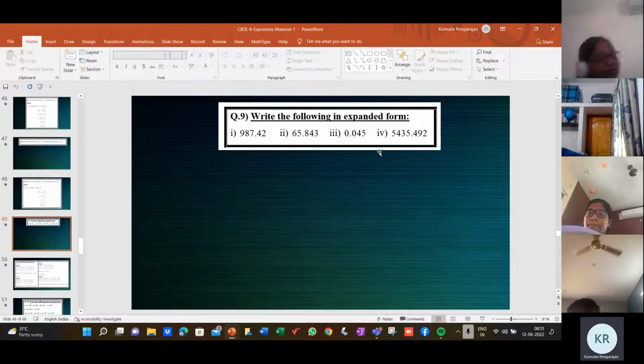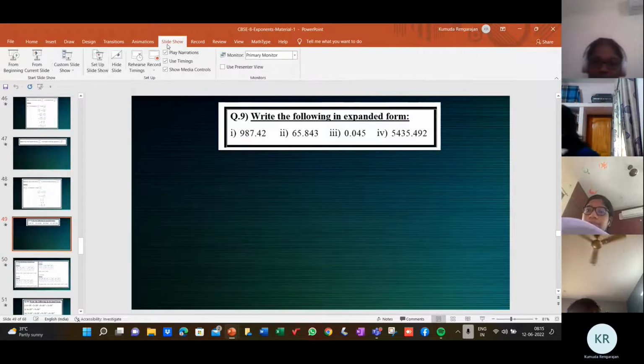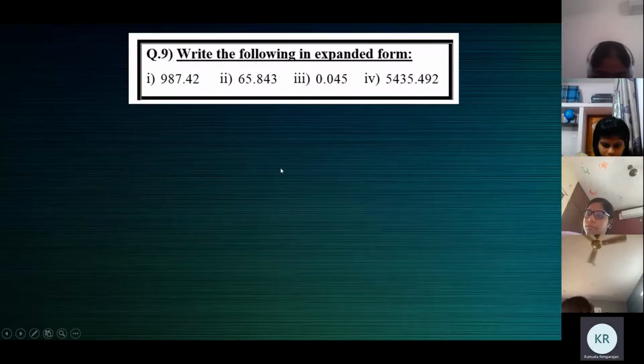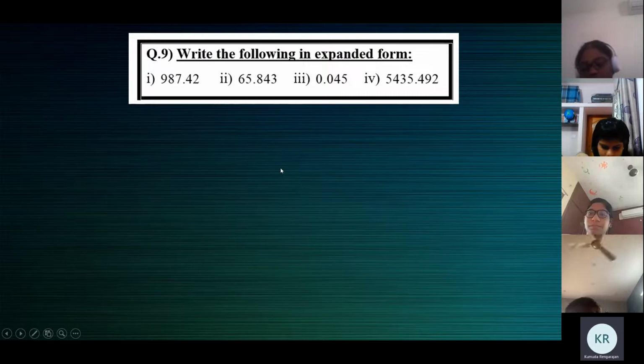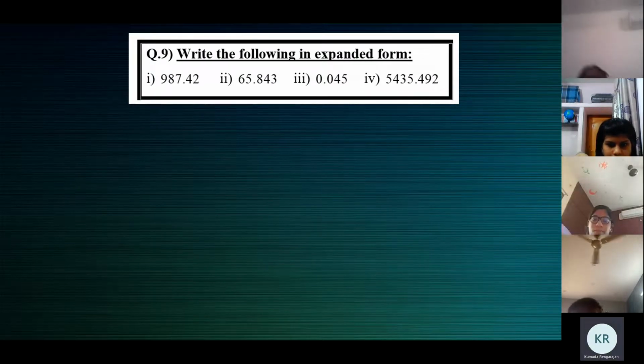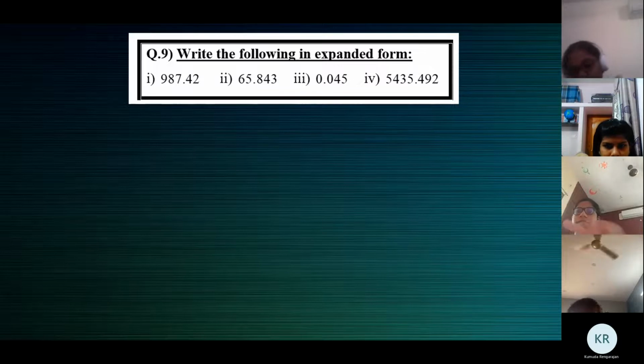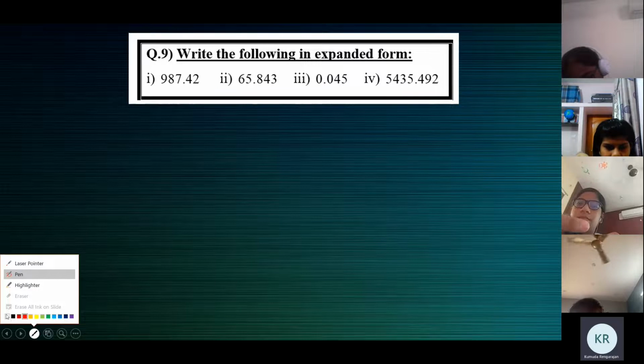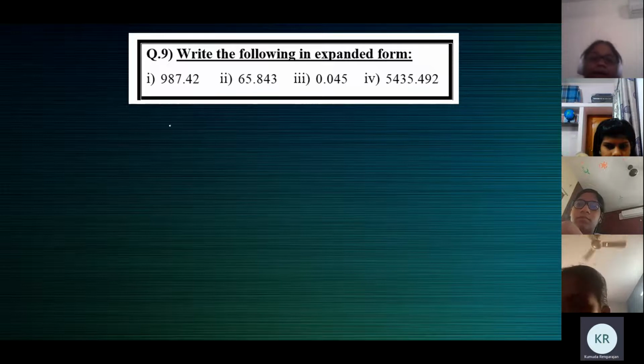Yeah, we need to continue from here. So write the following in expanded form. So the place values go like this. Units, tens, hundreds.